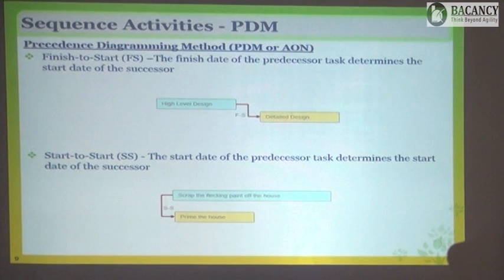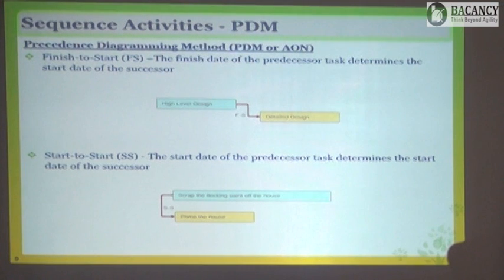So that means buying tomatoes is a predecessor to buying spices. If this is getting delayed, this will also be realigned if they are linked like this. Their start dates are aligned. The successor cannot start before the predecessor has started. If the predecessor is delayed, the successor will also be rescheduled to match that date. Clear? This is written as start to start.